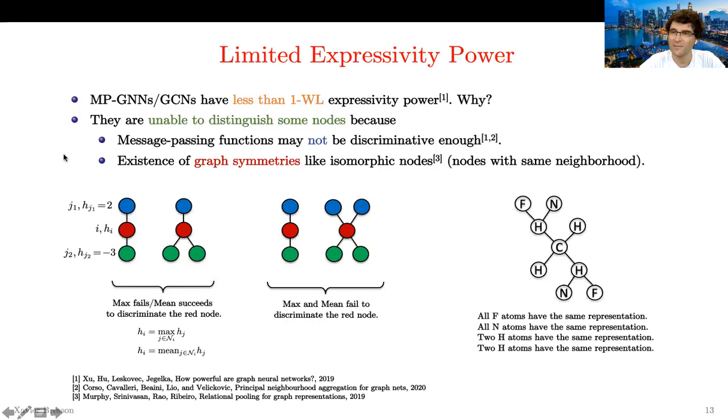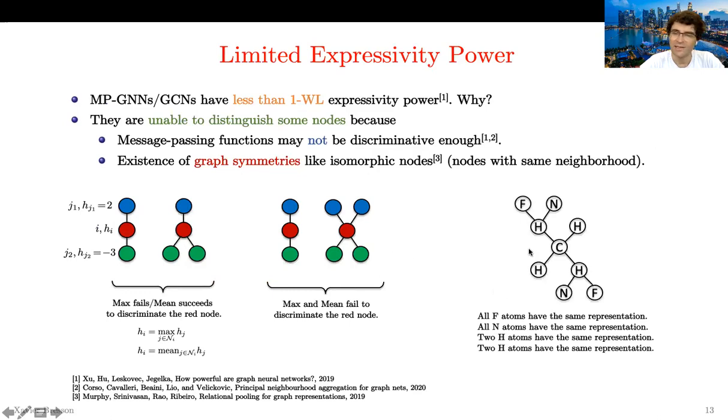But these message passing GNNs, theoretically, have limited expressivity power. And the reason for that is they are unable to distinguish some nodes, because either the message passing function is not discriminative enough. So for example, if you consider the max and the mean message passing function, if you take these two red nodes, they cannot be distinguished by using this message passing function. So you have a limitation due to the aggregation function.